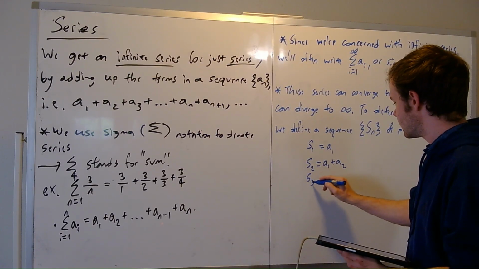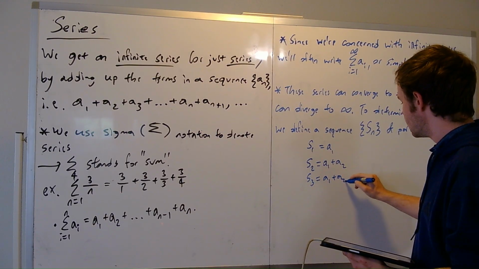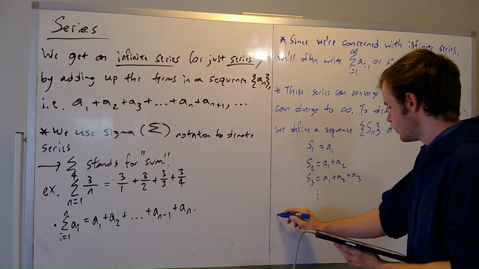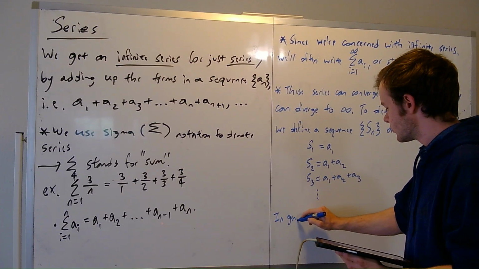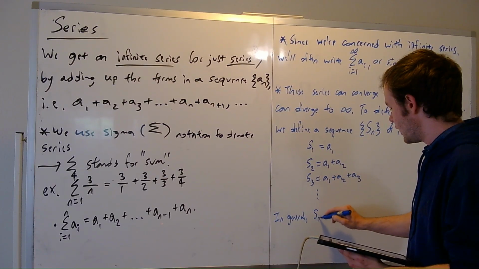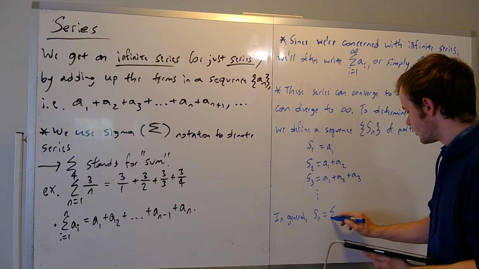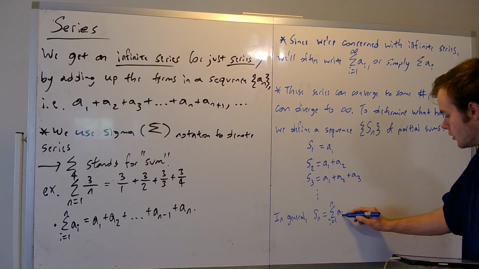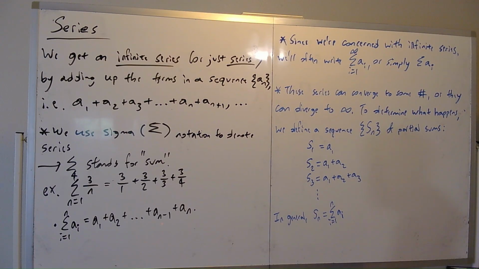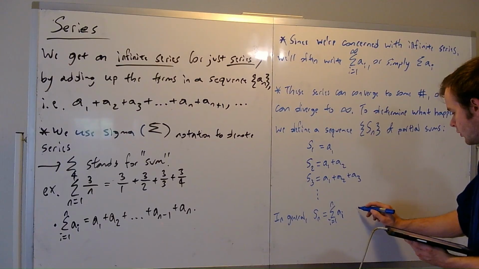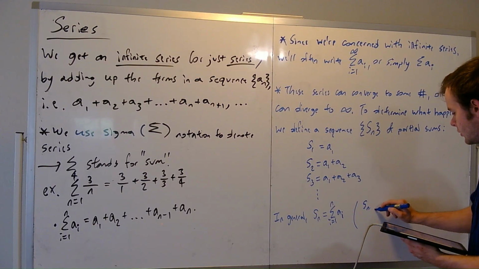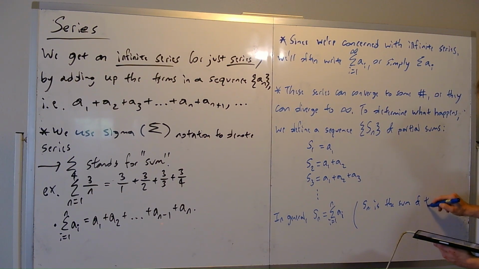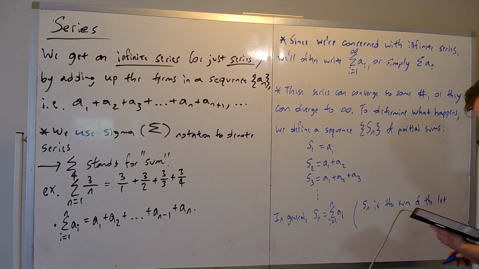S3 is going to be a1 plus a2 plus a3, and we can just keep doing this until, in general, S_n is going to be equal to the sum of the first n entries of the sequence, which we said we can denote this way, right? So this is just adding together the first n entries of the sequence. So I'll say here S_n is the sum of the first n terms.